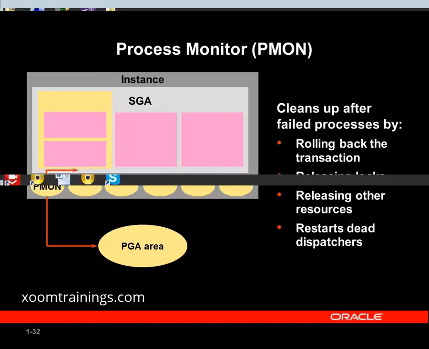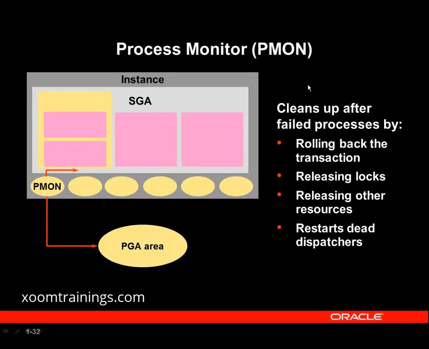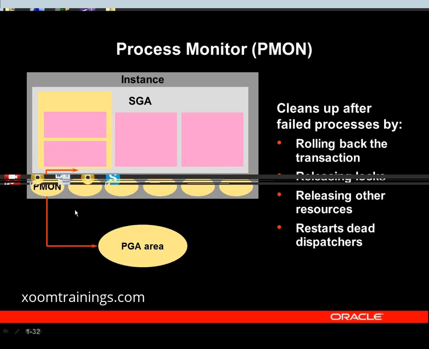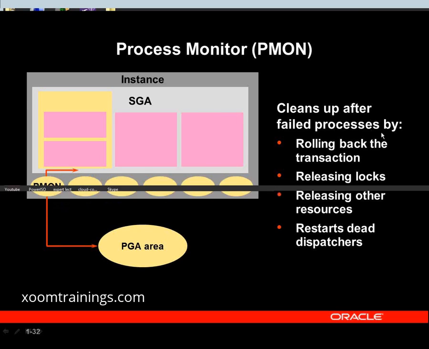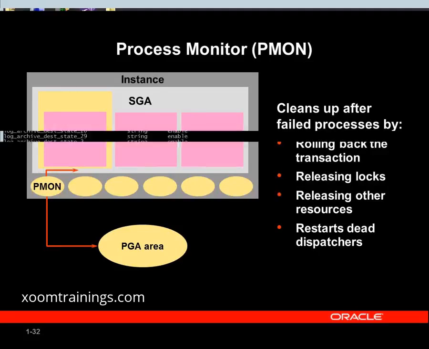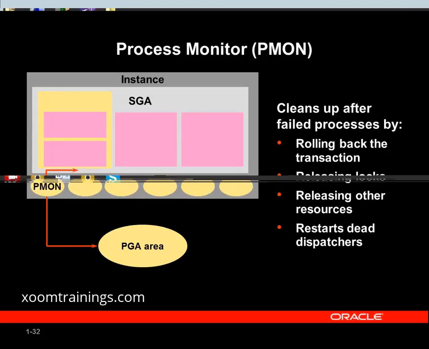Next, PMON, the process monitor. The process monitor is a background process whose responsibility is rolling back transactions. If a transaction is incomplete, it would roll it back. It releases the locks. Let's say in a multi-user environment, multiple users are accessing the same data, and the locks are automatically handled by the database.